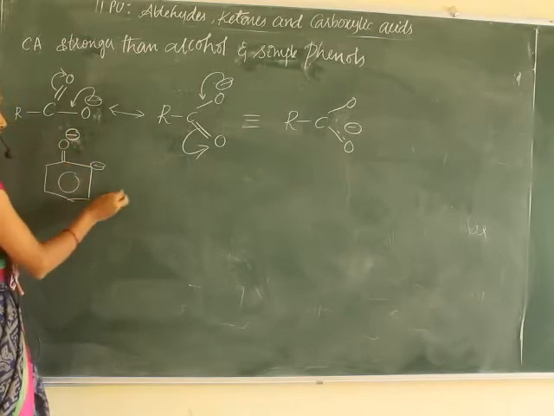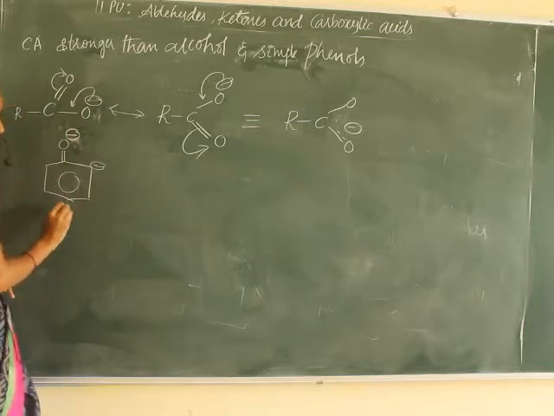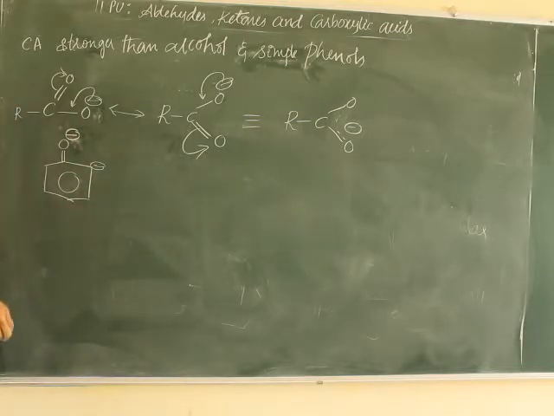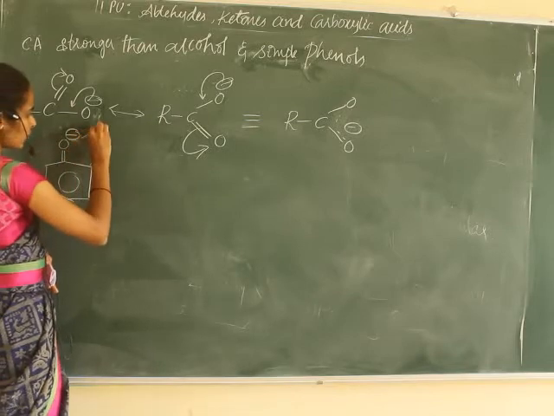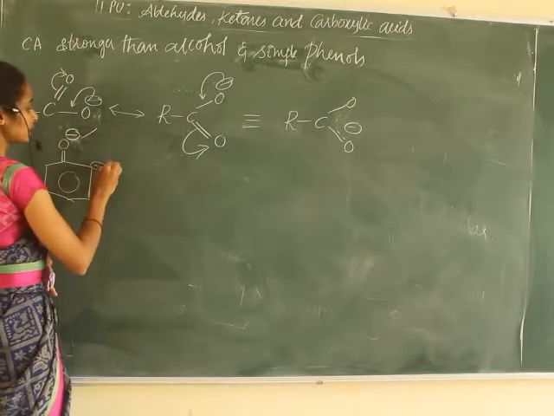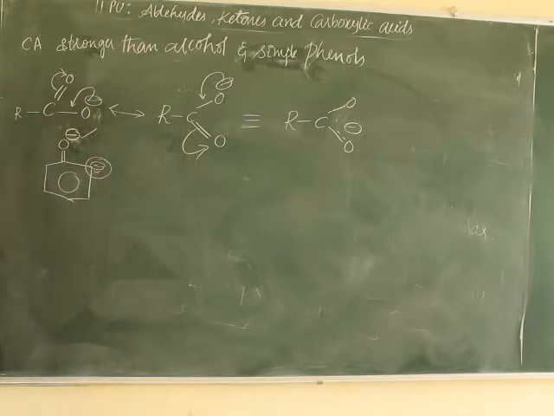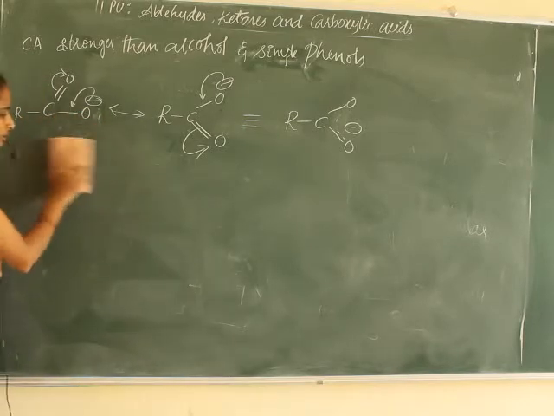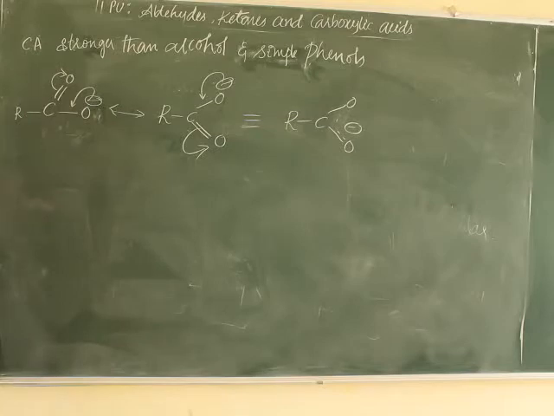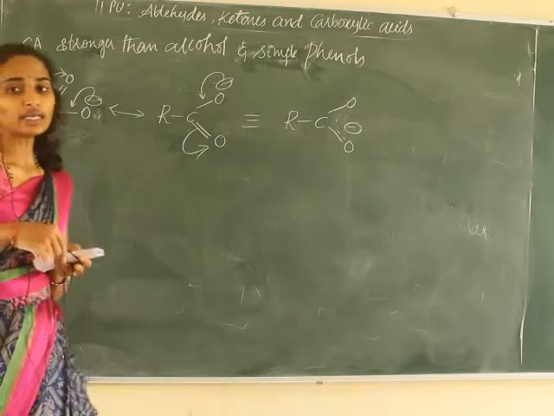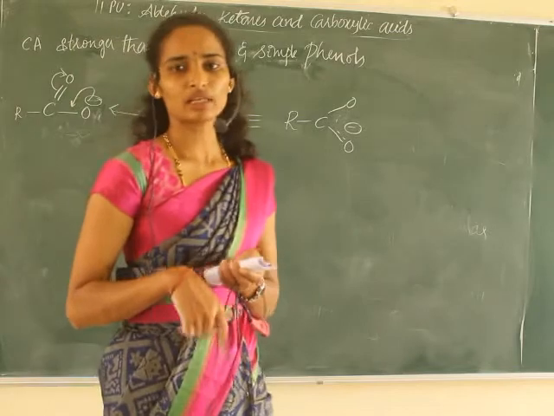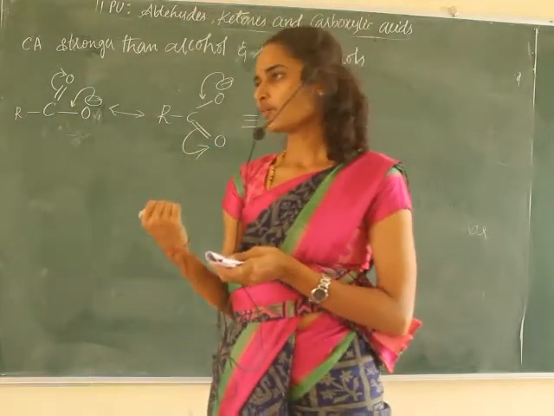You have already studied the resonance structures of phenol, right? There you observe that the charge is on oxygen and on a very less electronegative carbon atom. One more thing, the resonance structures of phenoxide ions are not equivalent, but those of carboxylate ions are equivalent.